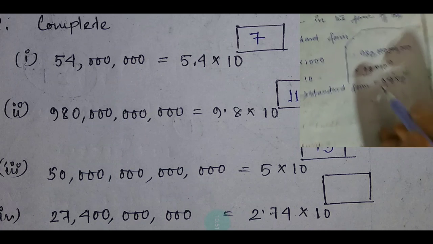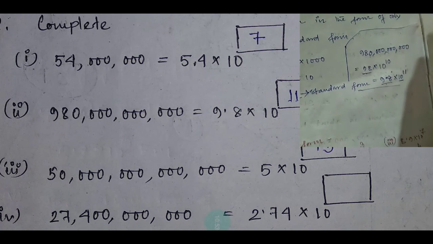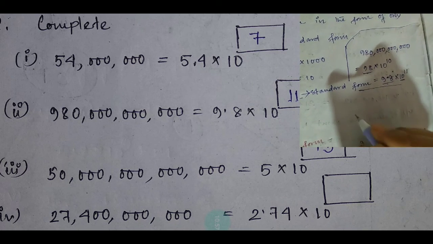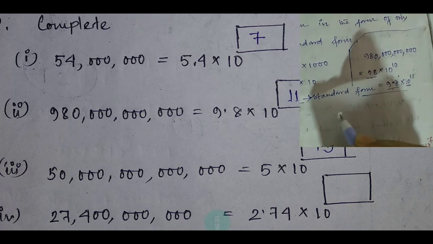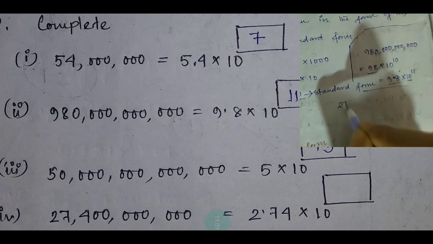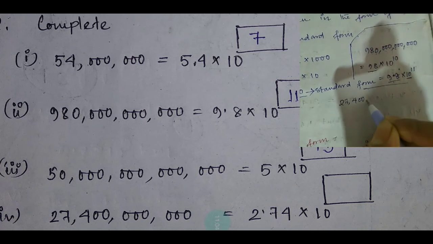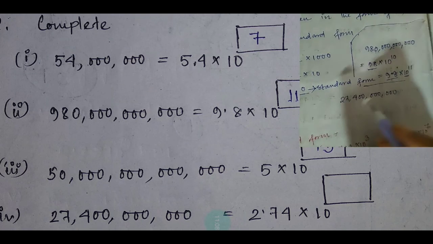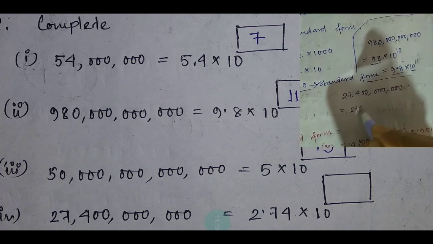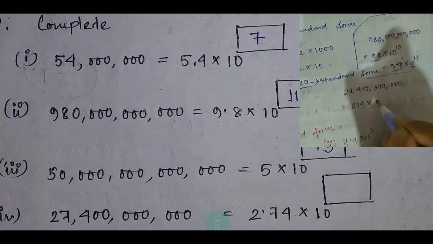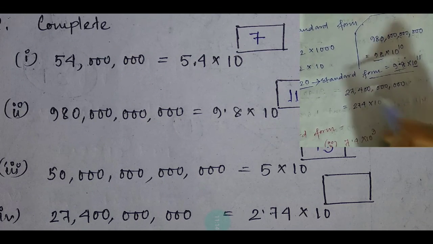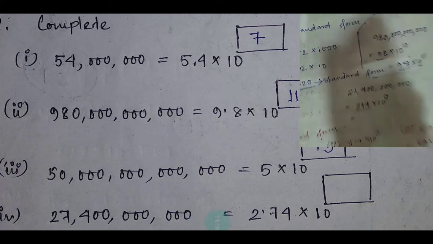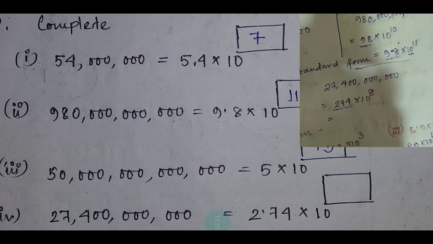One more example. See the fourth number. It is given 274 followed by zeros. First I write 274 into 10 power 8. 274 is not in the range of 1 to 10.